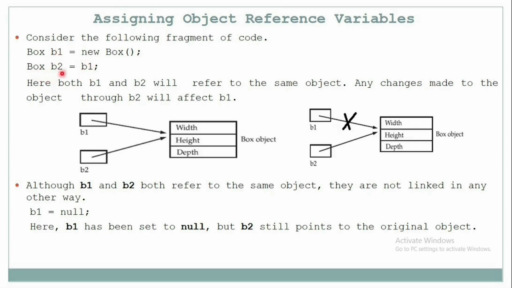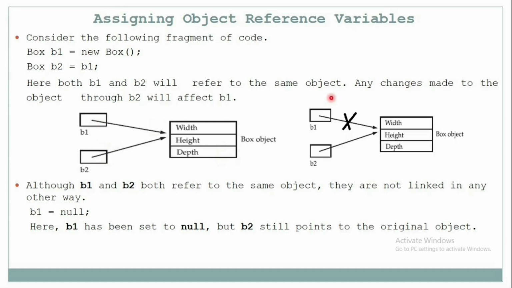Here Box b2, b2 is just a reference variable. Initially when you declare Box b2 it is just a reference variable, but now we are assigning the value of an object to a reference variable. Now what happens when you assign a value to a reference variable? As you can see here, both b1 and b2 will refer to the same object. Any changes made to the object will affect b1 and b2.